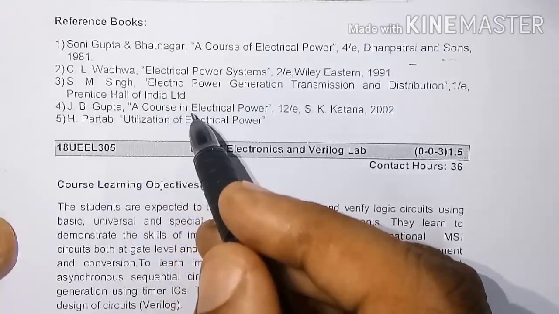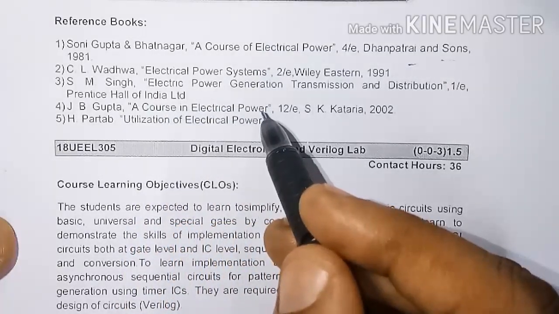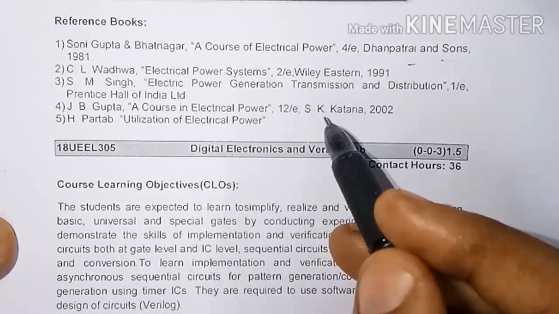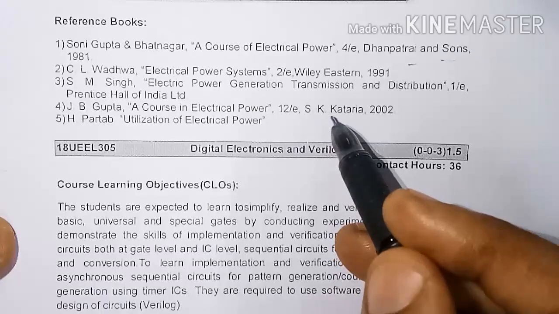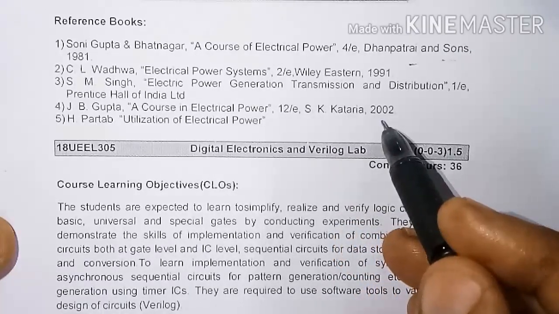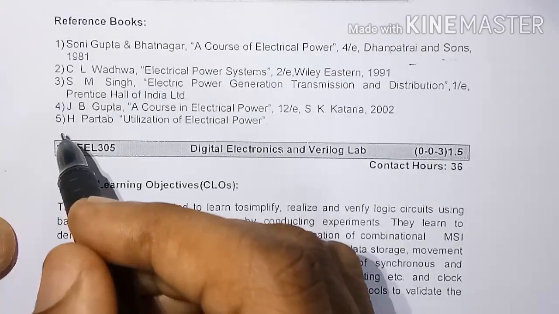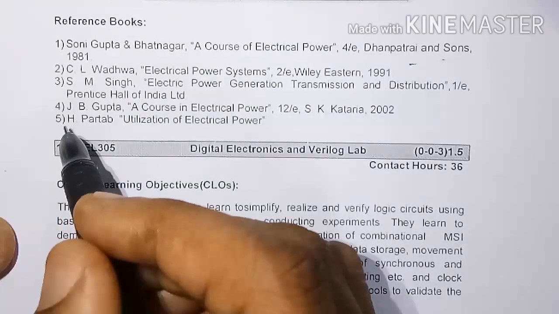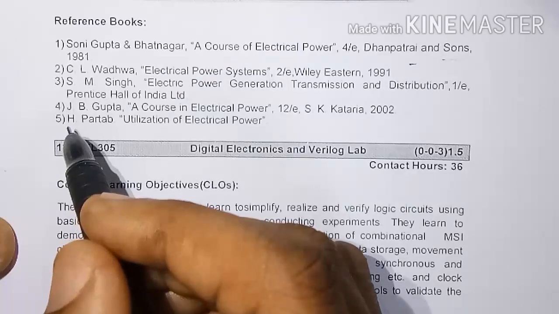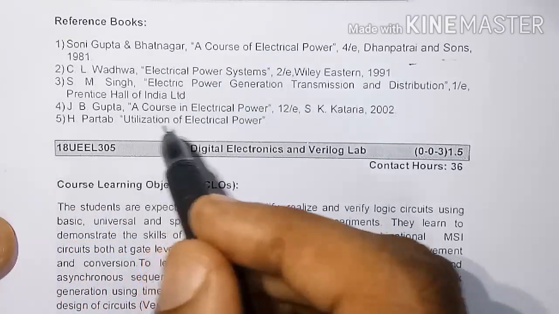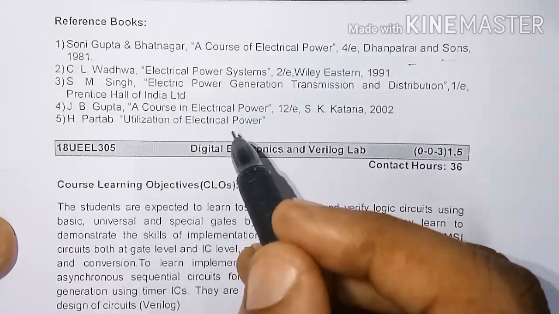Title of the book is A Course in Electrical Power. 12th edition. Publisher is S.K. Kataria. It was first published in 2002. Fifth book is by H. Partab. Title of the book is Utilization of Electrical Power.